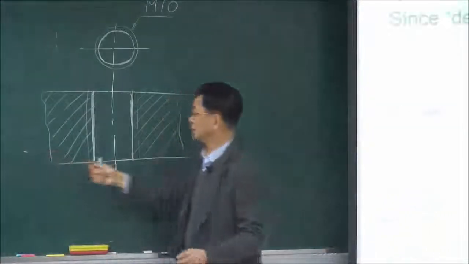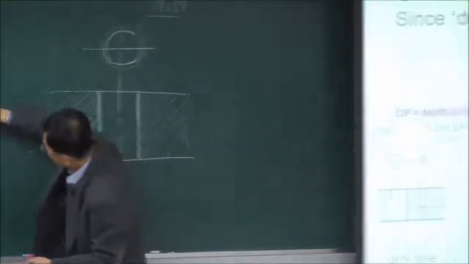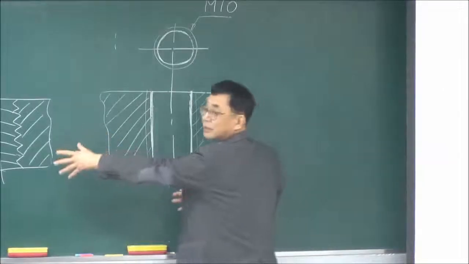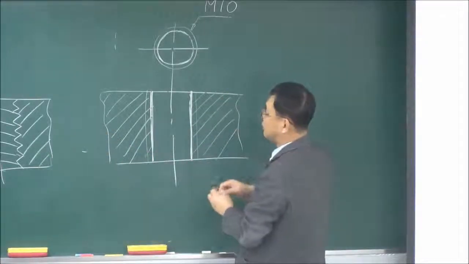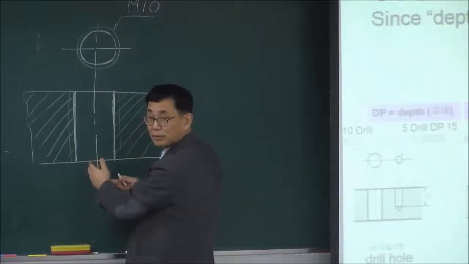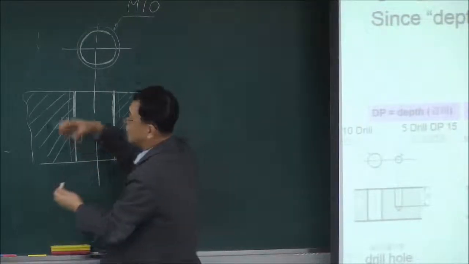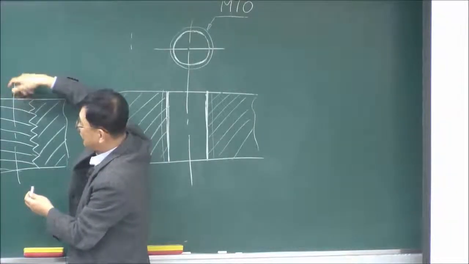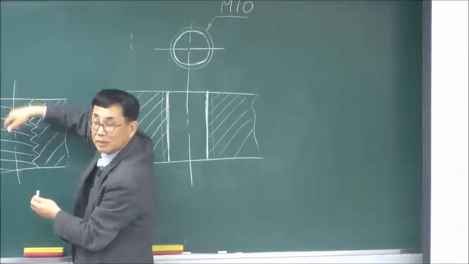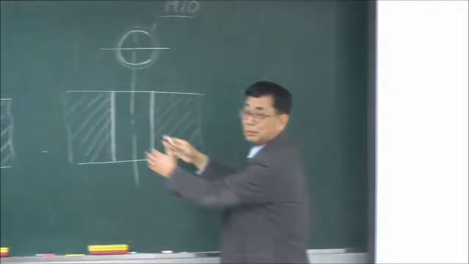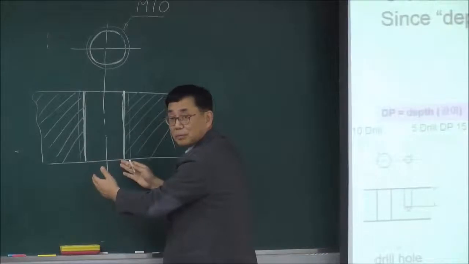Assume that you make this tapping hole. First you make a through hole using the drill, and then using a tapping tool you make a thread inside. So this means that this is the through hole to make a thread.